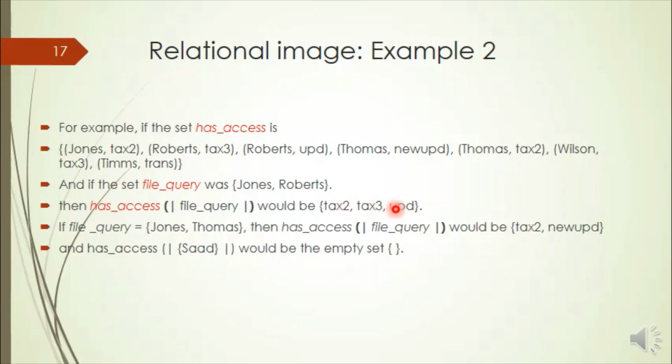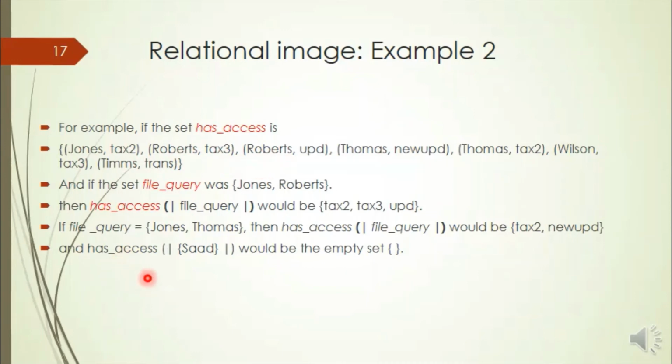Similarly, if we want to know the access of files of John and Thomas, then again we put this set as an argument in the relational image operator, and we get the output set which are the files associated with John and Thomas, and we can find those files by looking into these ordered pairs, or you can say this table.